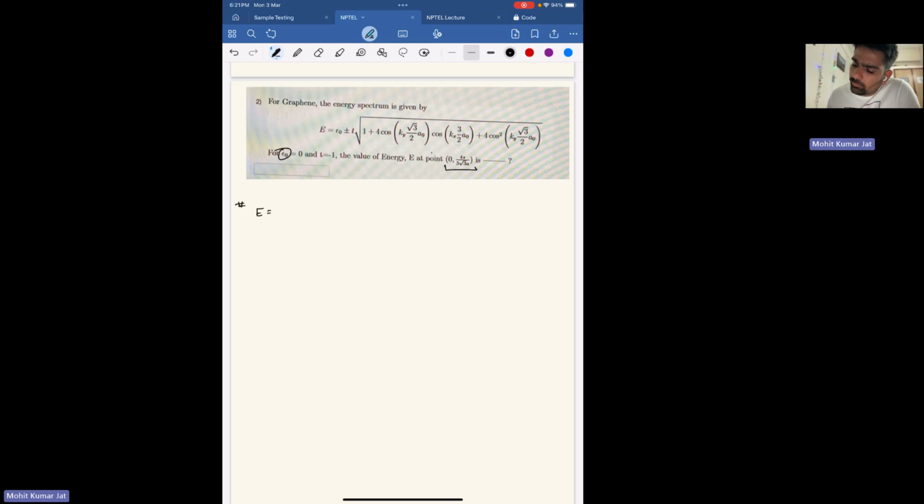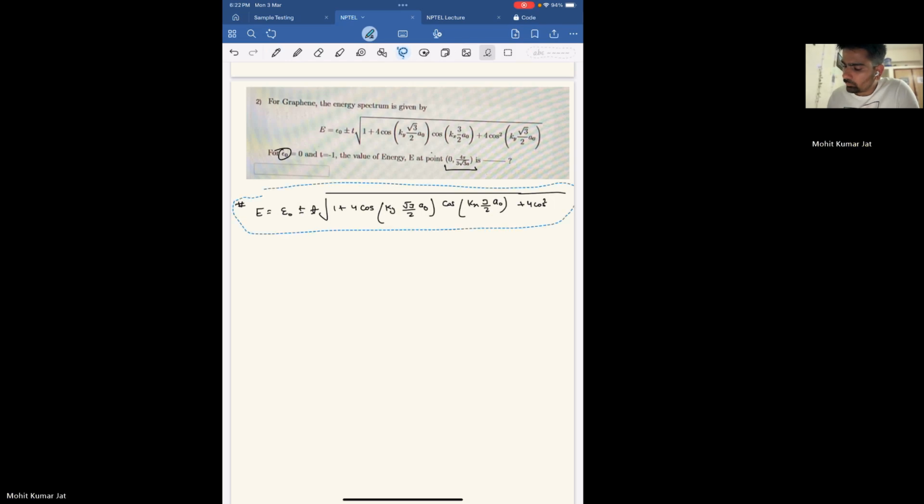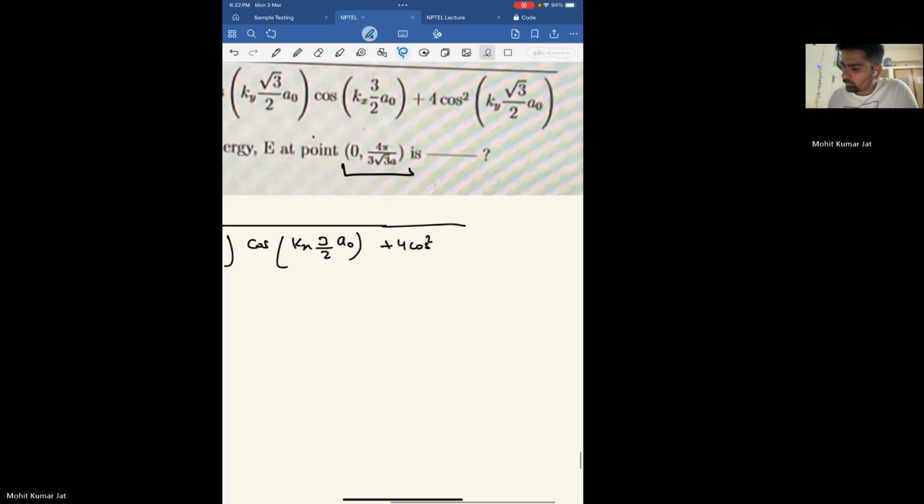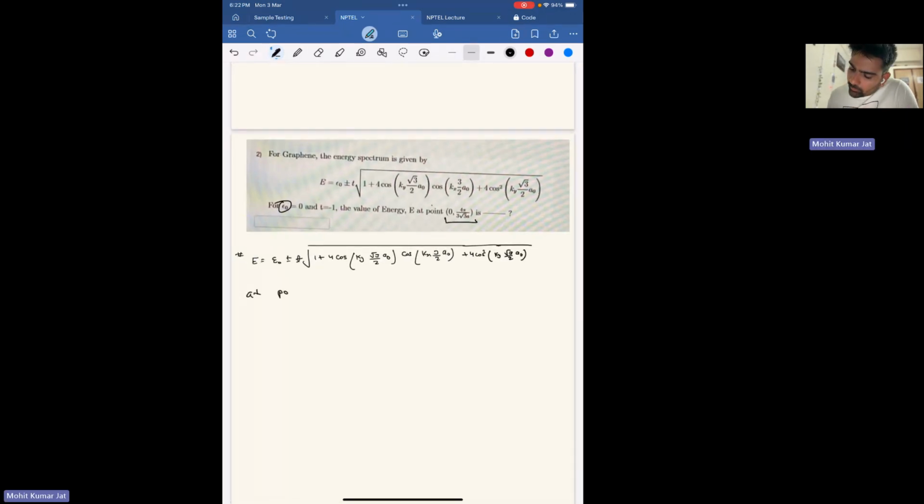So E equals E naught plus or minus T under root 1 plus 4 cosine ky root 3 by 2 a0 cosine kx 3 by 2 a naught plus 4 cos square ky root 3 by 2 a0, at point 0, 4 pi by 3 root 3a.